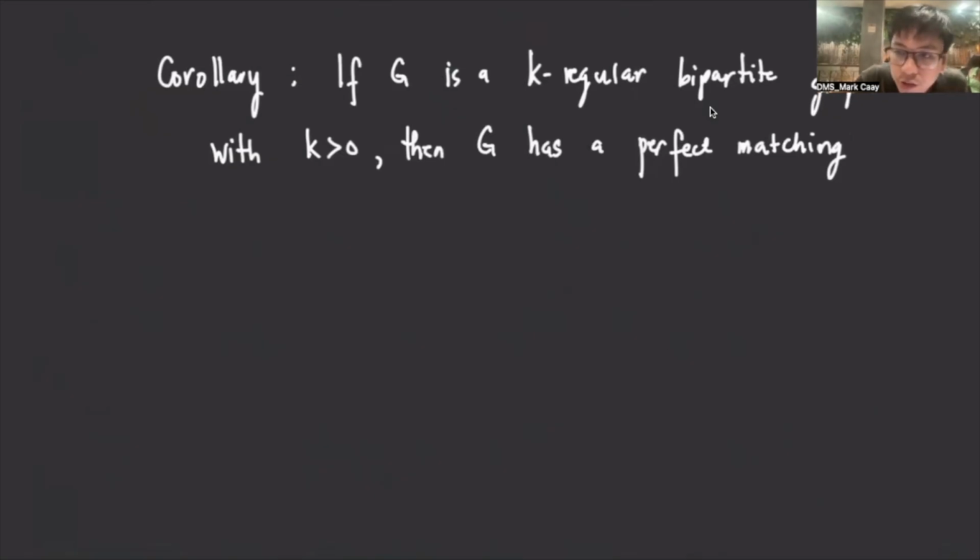As a consequence of that theorem, we do have a corollary. The corollary says that if G is a k-regular bipartite graph with k greater than 0, then G has a perfect matching.